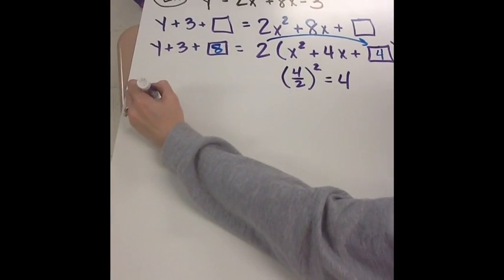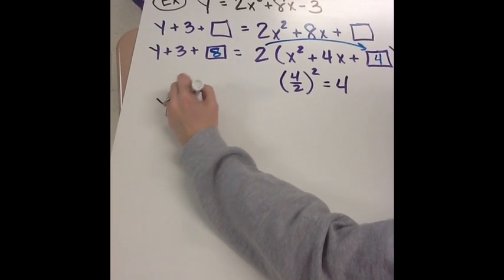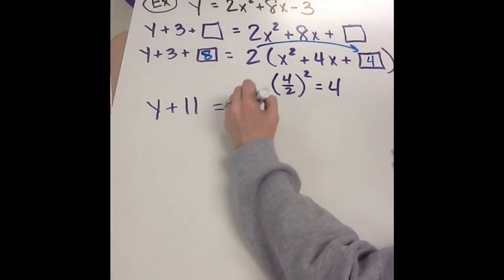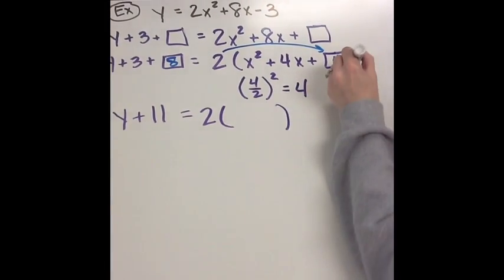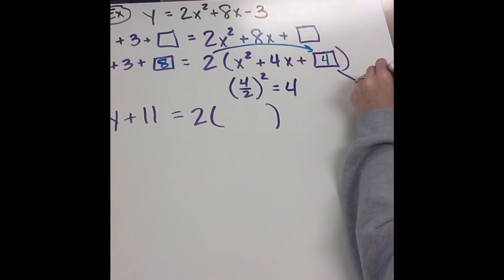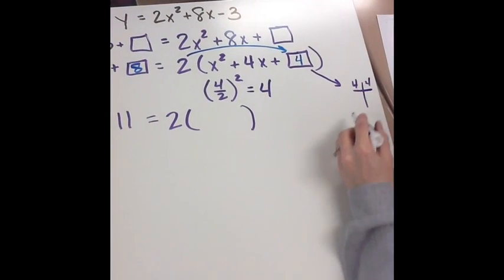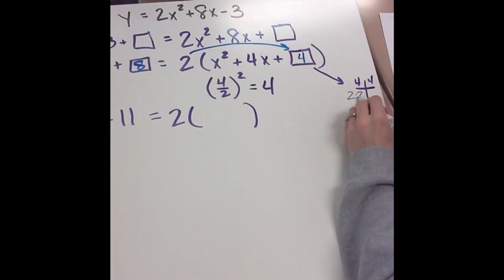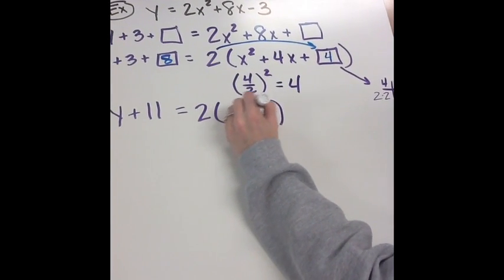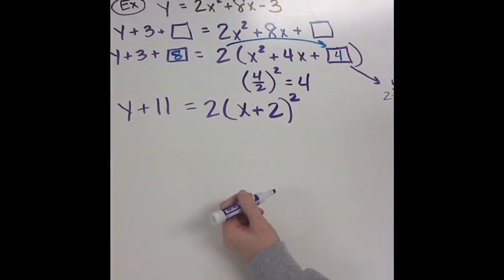Now I'm going to finish out some stuff. I get y plus 11 equals 2, parenthesis, and again, what multiplies to give me 4 but adds to give me 4, should always be a double root, 2 times 2. So this is x plus 2 squared.